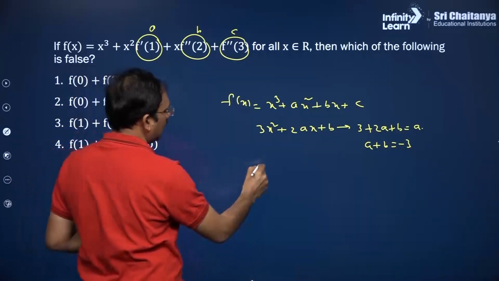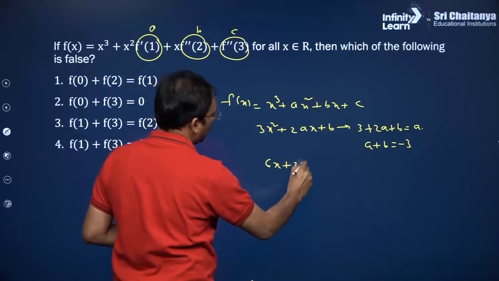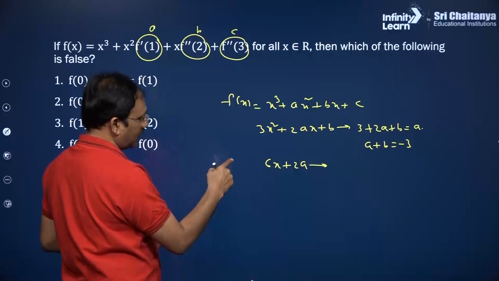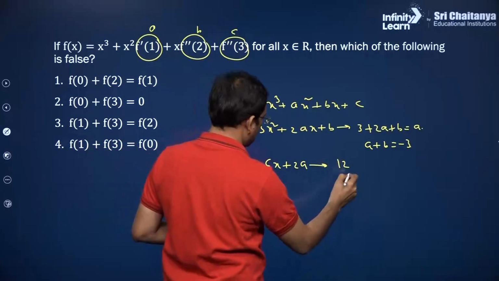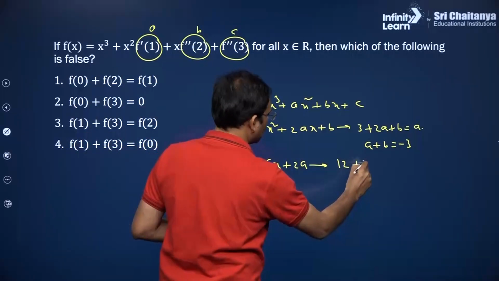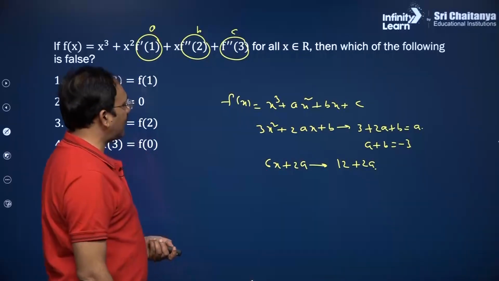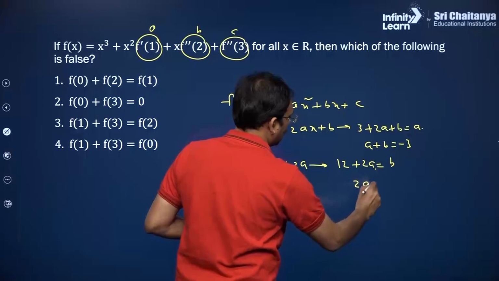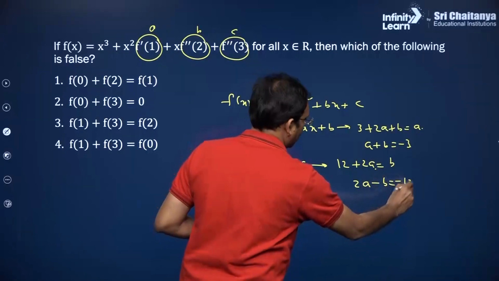Second, take its derivative 6x plus 2a, my dear friends. You put x is 2 in f double dash, this is going to be 12 plus 2a. So f double dash of 2 we called it as b, my dear friends. You got another equation 2a minus b is equal to minus 12.